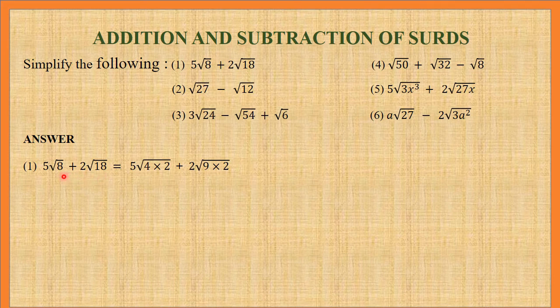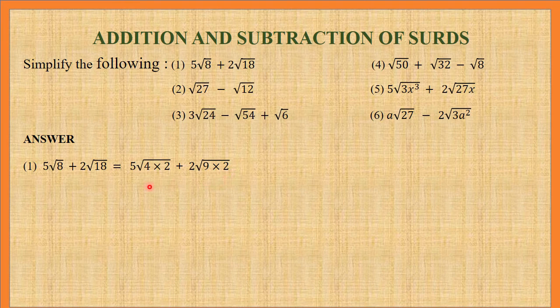You can see that 8 and 18 can be simplified. The perfect square we can find in 8 is 4. So square root of 8 can be written as square root of 4 times 2, plus 18 can be written as 9 times 2. So this 2 root of 18 becomes 2 root of 9 times 2.